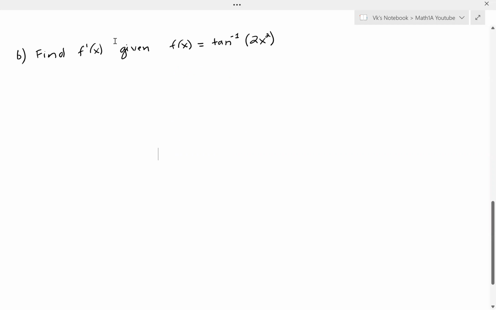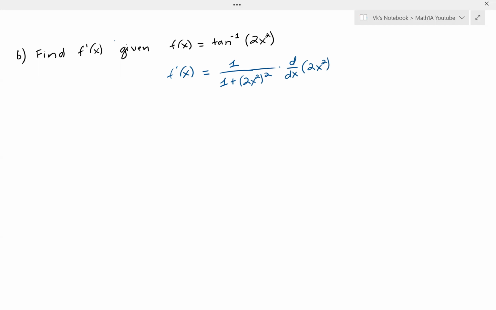Awesome. Next, find f prime x given f of x equals arctangent of 2x squared. f prime x would be the derivative of the outer function. Derivative of arctangent is 1 over 1 plus 2x squared squared, multiplied by the derivative of the inner function.